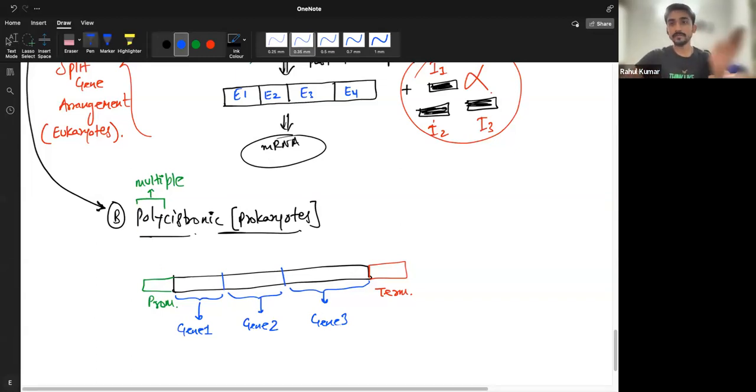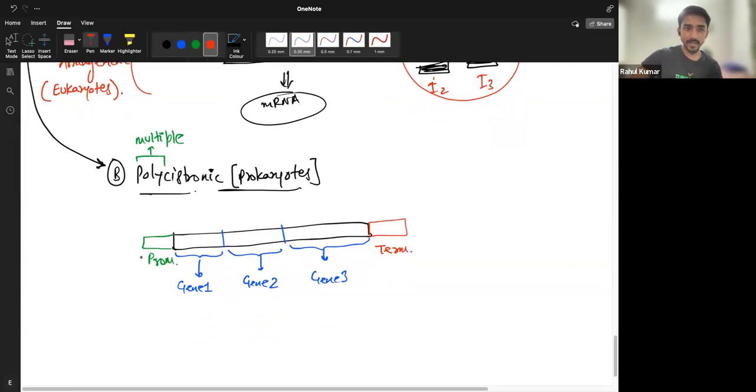And all of them will be transcribed at the same time. So you will start here, RNA polymerase will come and sit here, and it will start the transcription, and it will go all the way till here. And when it goes all the way till here, there will be 3 mRNAs formed. One mRNA for gene 1, the other for gene 2, and the other for gene 3.